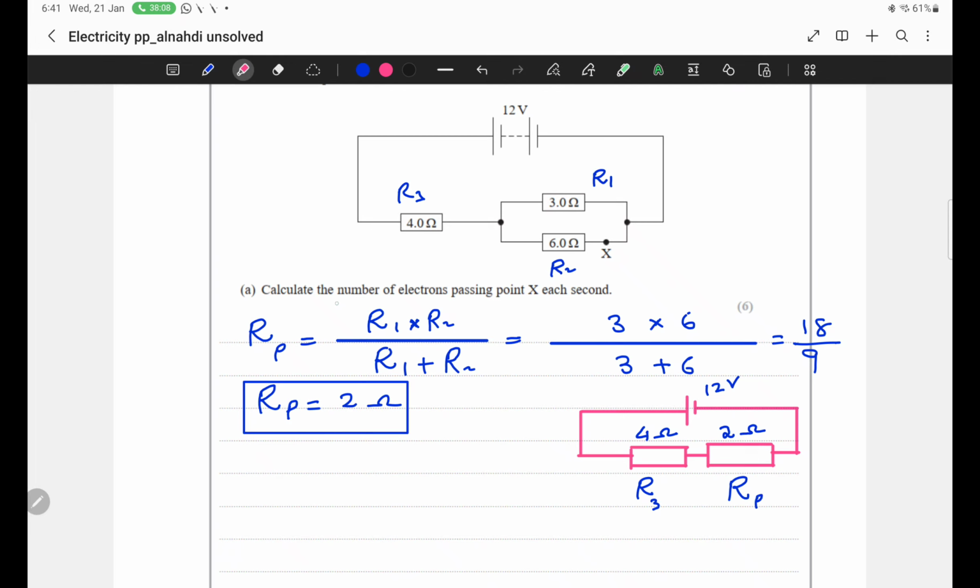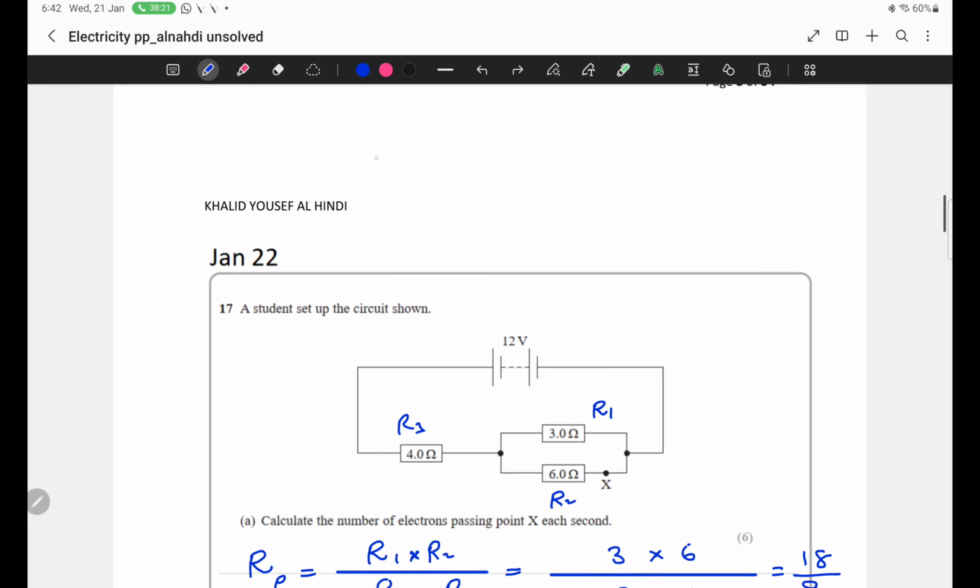The question is to calculate the number of electrons through X. I taught you a formula that current is equal to rate of flow of charge. And whenever you have to calculate the number of electrons, then Q is always equal to Ne.